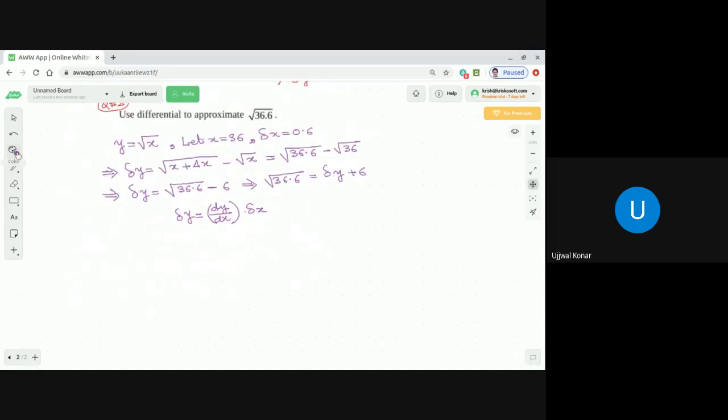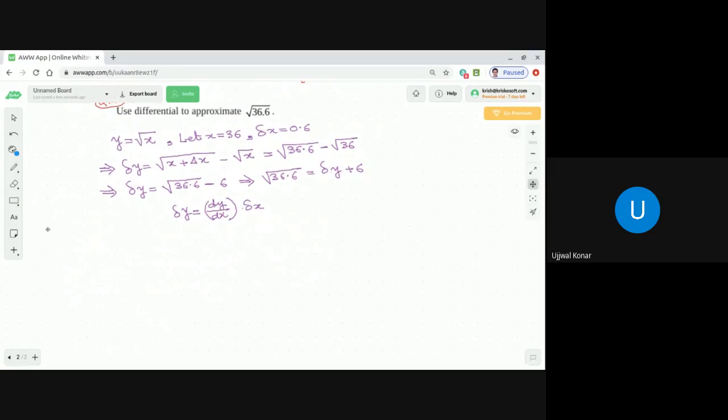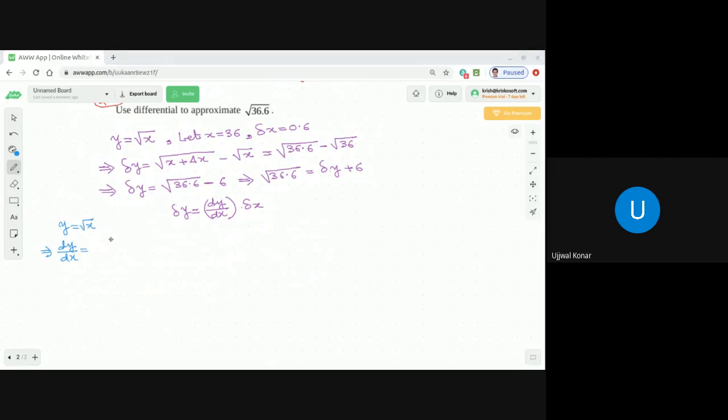Pretty simple to do. If y is equal to square root of x, this implies dy/dx is equal to 1 by 2 into root x, correct?